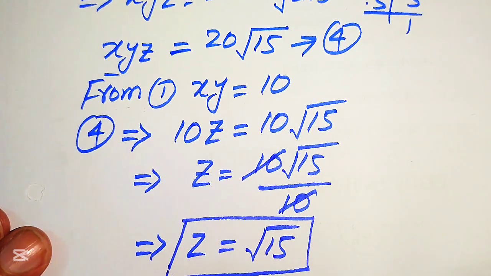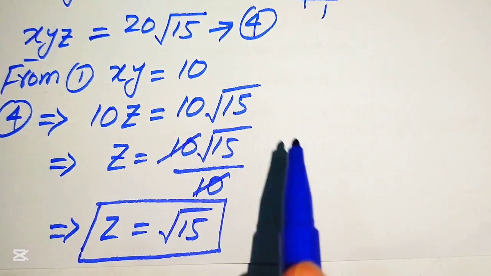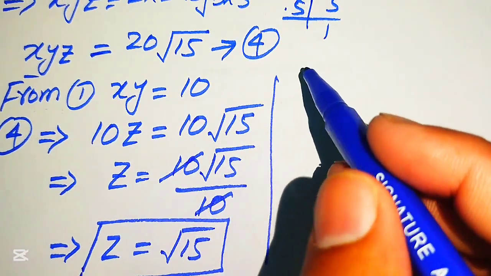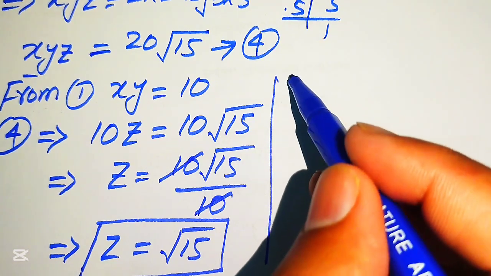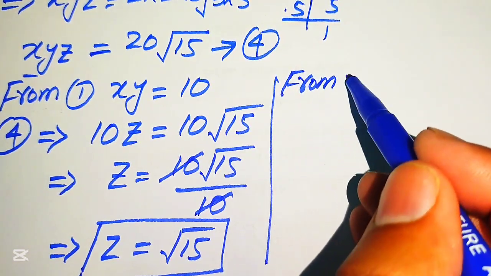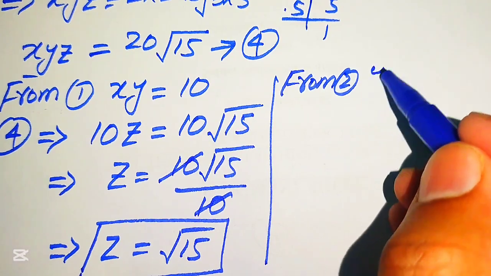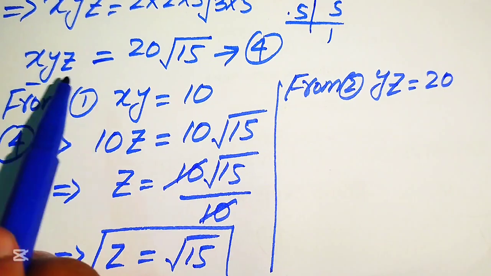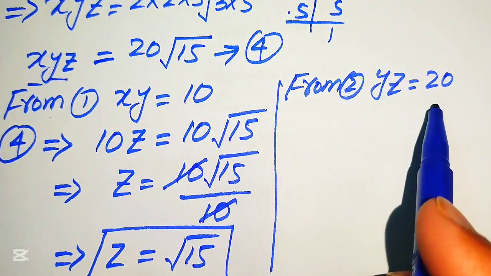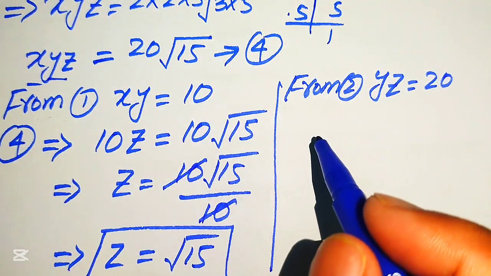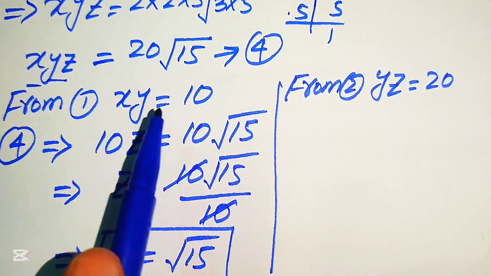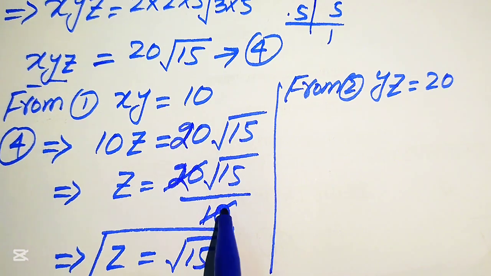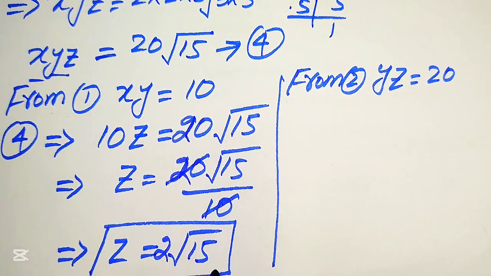So this is the value of z which we get here, and now in order to find the values of x and y, we need equation number 2. From equation number 2 we have yz equals to 20, and now we put this y and z equals to 20, and it will be written as, so here we have a little mistake, this is over 20, so we will just replace this 20, and when you divide it by 10 it becomes 2 times the square root of 15.